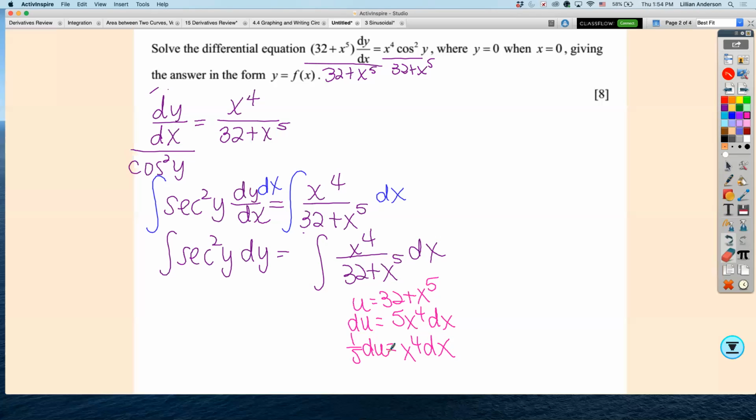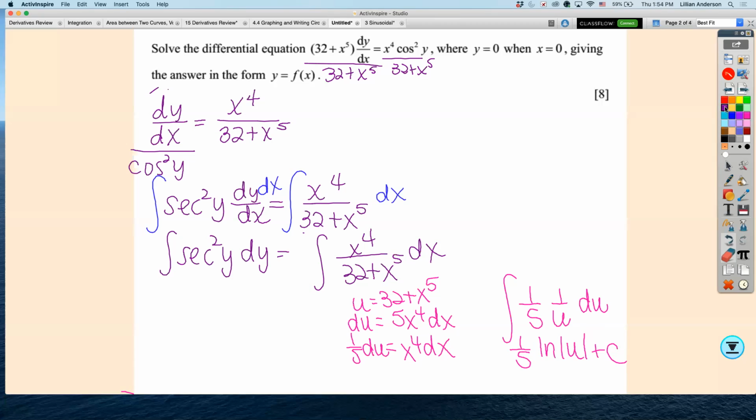So when we actually integrate this, we're integrating 1/5 times 1 over u du. What's the antiderivative of that? ln of u times 1/5, because any constant can be pulled out of the integral, so it's technically just the integral of 1 over u. So that's 1/5 ln of the absolute value of u, plus c.